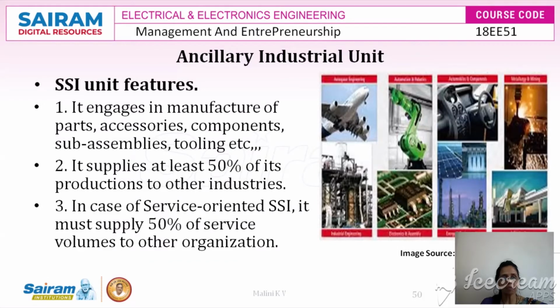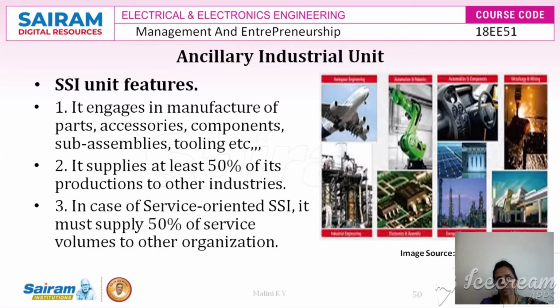So these small scale industries which engage in the manufacturing of parts, accessories, components, sub-assemblies, tooling, etc., which supply 50% of their production to other industries, are normally called ancillary units. If it is a manufacturing industry and it supplies 50% of its production to other industries, then it is called an ancillary unit.